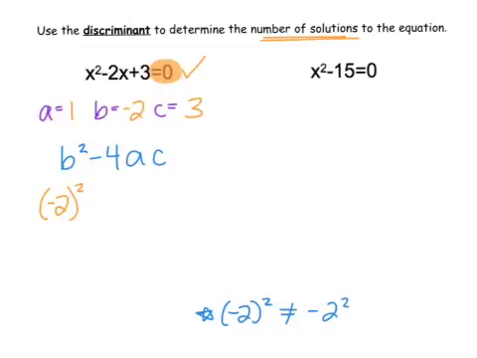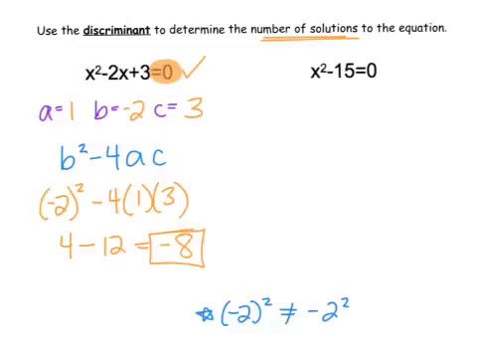They're not the same thing if you use a calculator, no matter what your mind is thinking. So we need to make sure we use parentheses. Then we have minus 4 times a, which is 1, times c, which is 3. If I simplify, negative 2 squared is 4, minus 4 times 1 times 3 is 12, and I get negative 8. Because my discriminant is negative, I know there's going to be no solution.